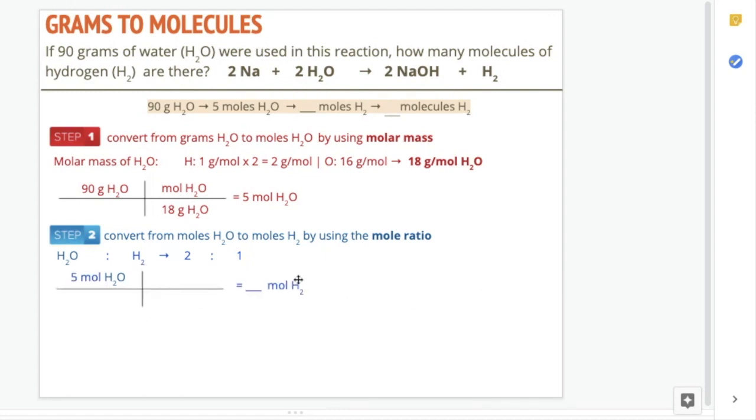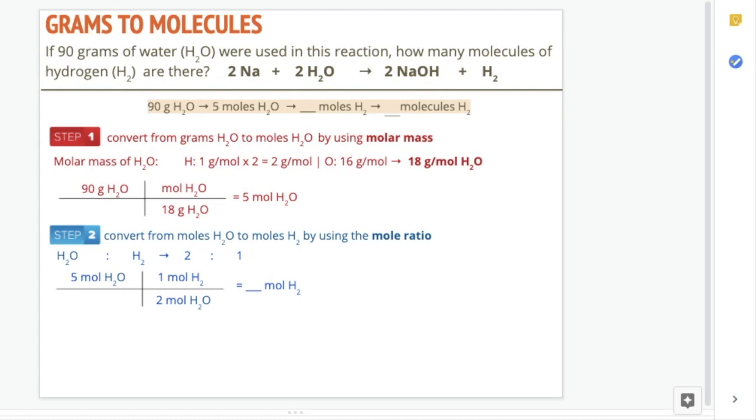Now, I set up my chart and I start with what we have. We have 5 moles from step 1, we need moles of hydrogen out. So I just need to make sure that I cancel out my units here. So I have 2 moles of water, I'm going to put that on the bottom. And then I have 1 mole of hydrogen, which was given to me from this ratio.